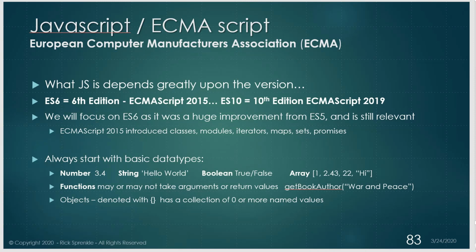The modern JavaScript is ES6, also called ECMAscript 2015. And the version numbers have been pretty much keeping with the version number plus 9 equals the year. So ES10, the 10th edition of ECMAscript, is ECMAscript 2019.